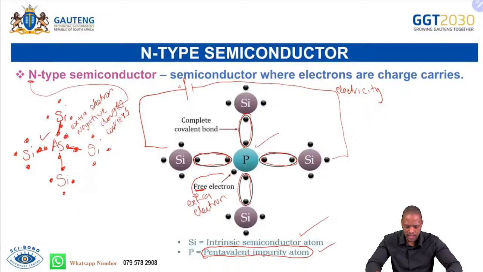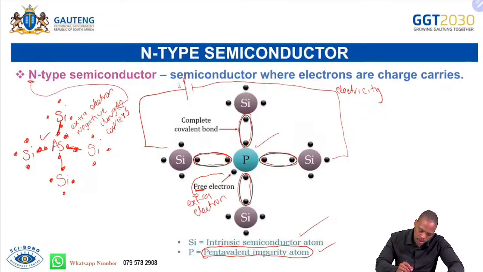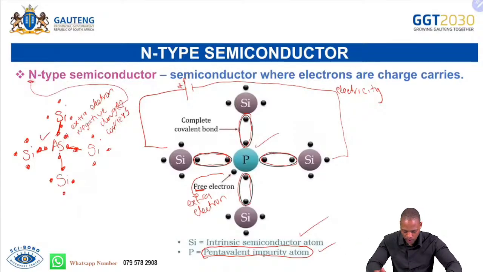It's no longer intrinsic now. There's instability because there's a free electron that is roaming around. So yes, other silicons might be happy forming bonds, but then there's a free electron. If something can take these free electrons, like the charges that are coming from the power source here, it creates a hole, then electrons can be taken from anyone at any point. There's going to be a movement of electrons.